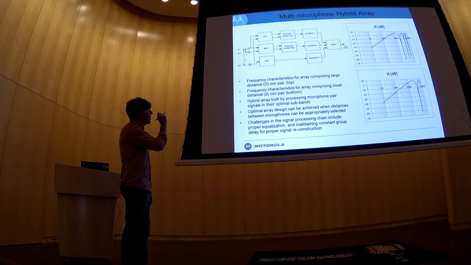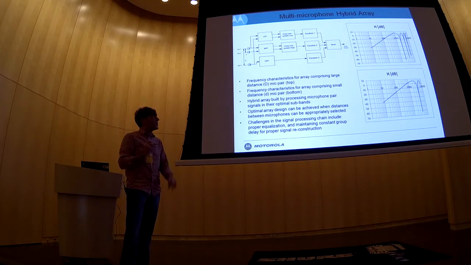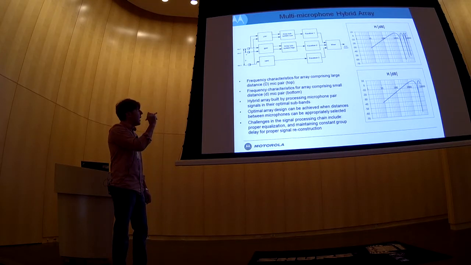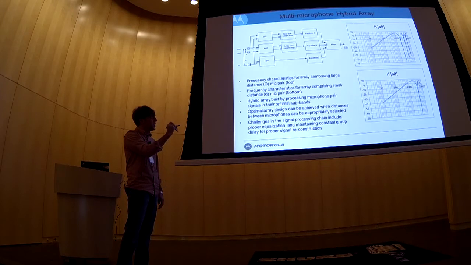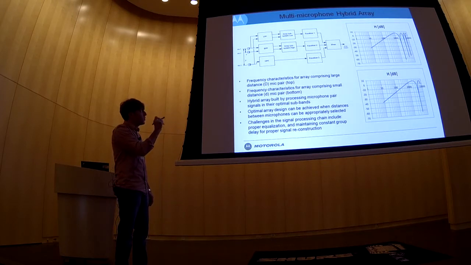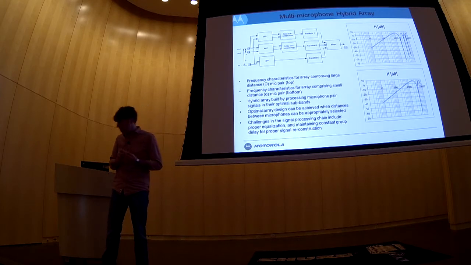Similarly, do the same for a closely spaced microphone pair, and when it's all said and done, the overall response of this system would be much better. Its response will be extended, in this case, by an octave with respect to a system that would use only one microphone pair.